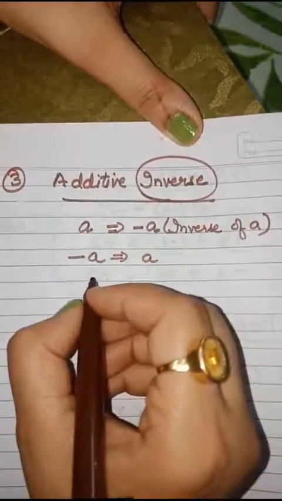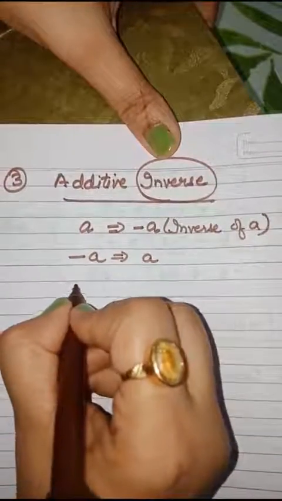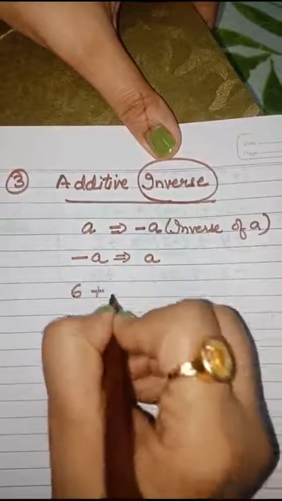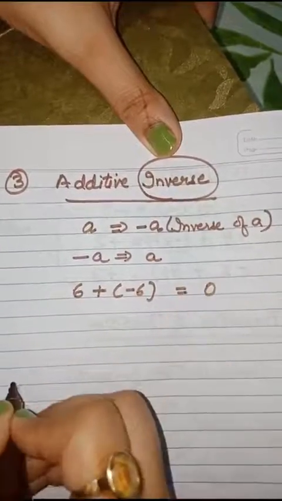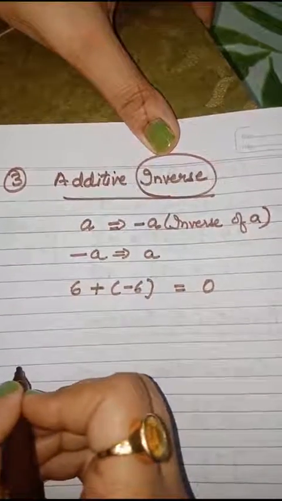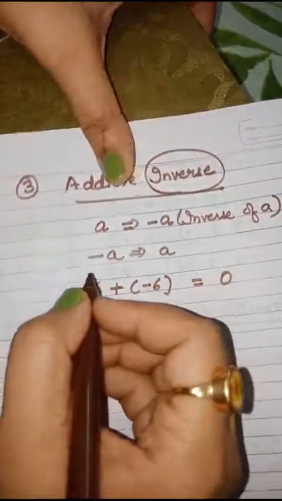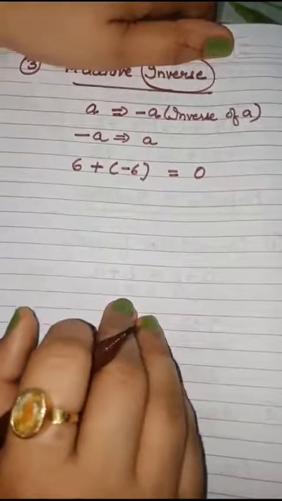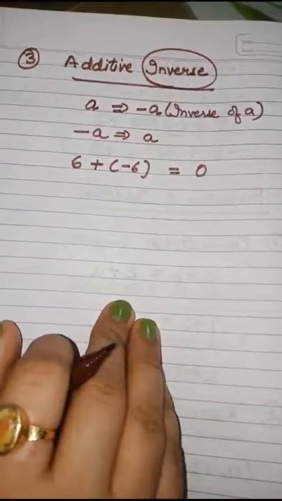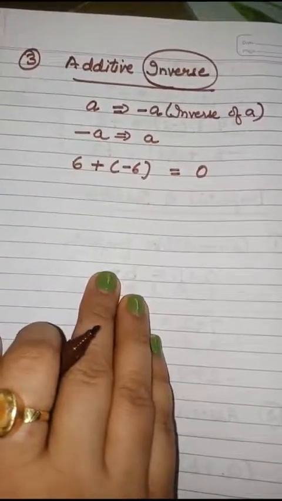So if we are adding a number with its inverse, the answer will be 0. This is the additive inverse property of addition in integers. So we have covered all the properties of integers in case of addition.